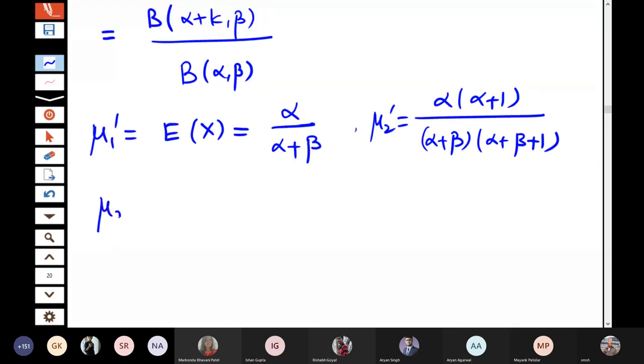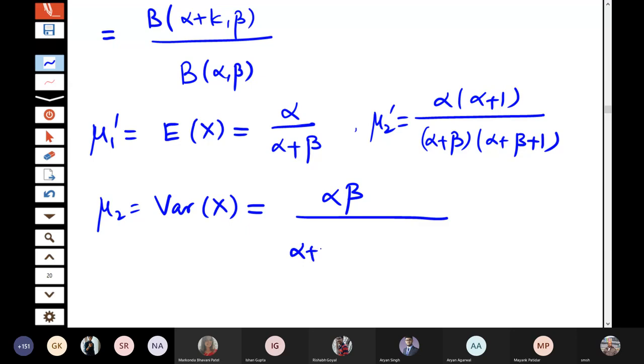So mu2 is equal to variance of x, that is equal to alpha beta divided by alpha plus beta square into alpha plus beta plus 1.